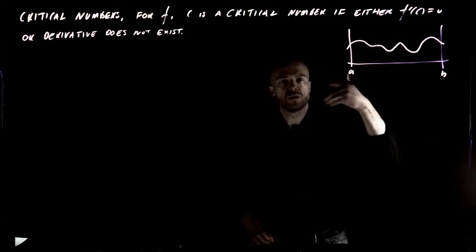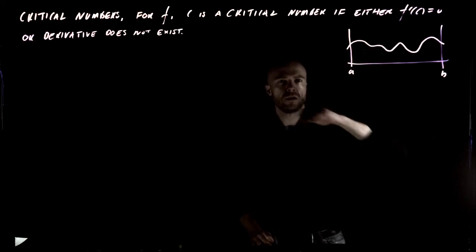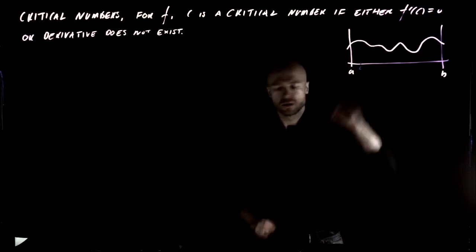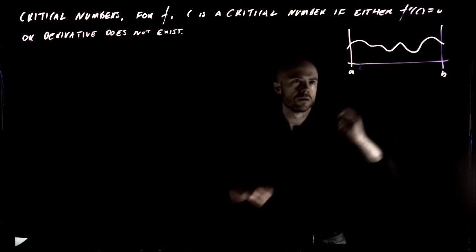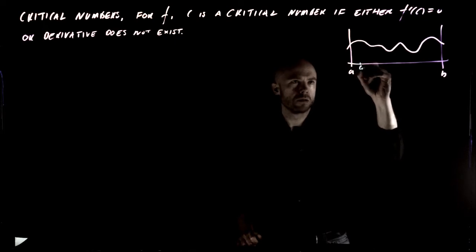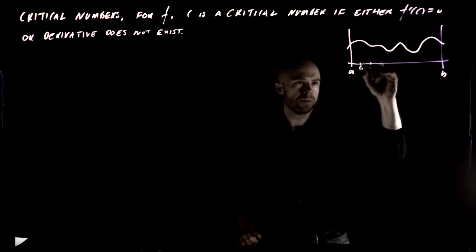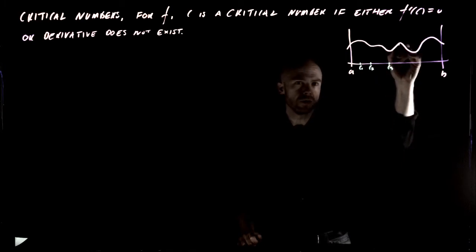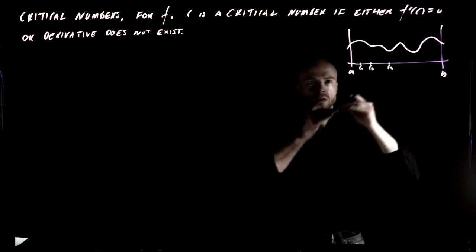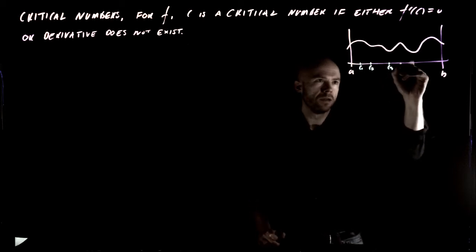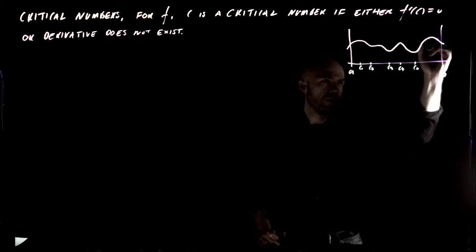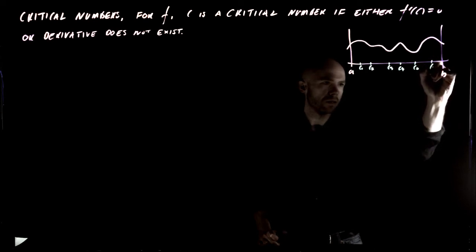A critical number, the derivative is 0, that's equivalent to the tangent line being horizontal, so there's one here, C1, there's another one here, C2, there's one here, C3. Here we have a peak, it's not differentiable, it's not locally well approximated by a tangent line, that's C4, another one here, C5, another one here, C6.